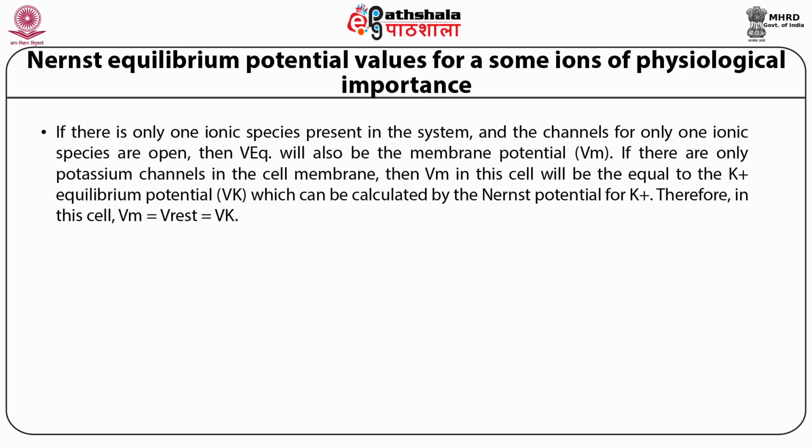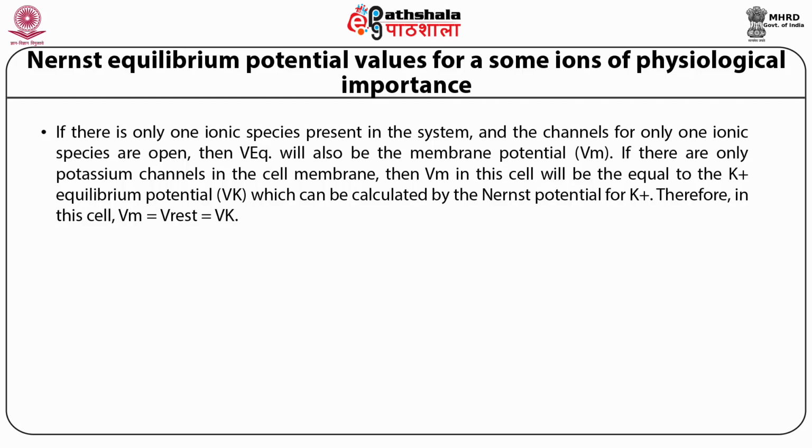When there is more than one type of ion channel open at any given time, the situation is slightly different. Now the resting potential can no longer be explained as an equilibrium potential because no ion is at equilibrium, that is Vm equals Vrest is not equal to VEQ.